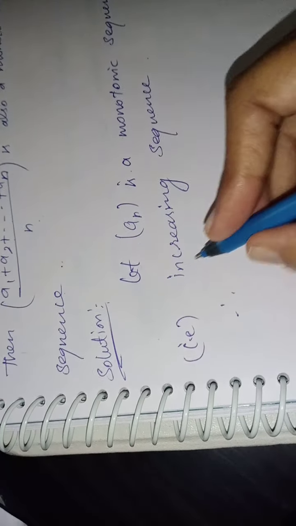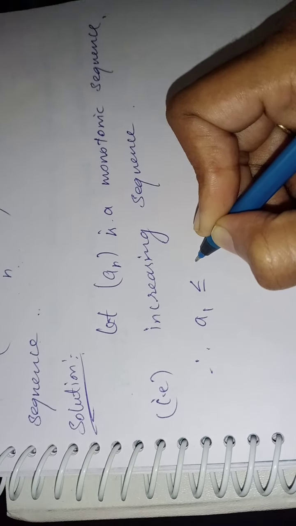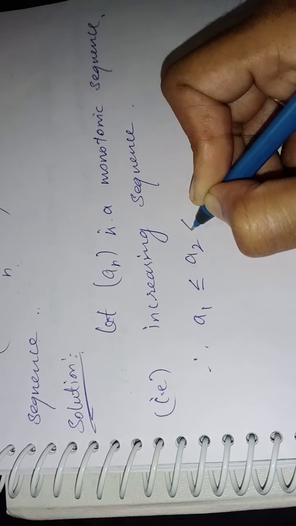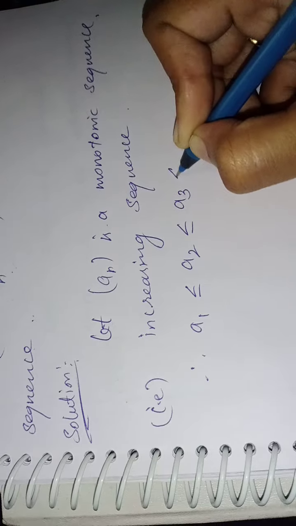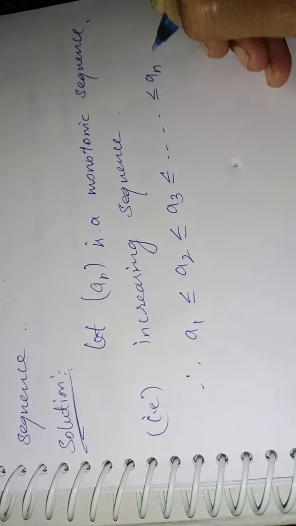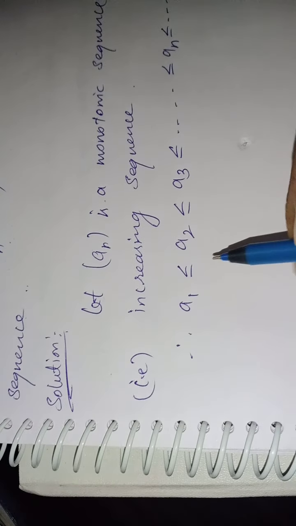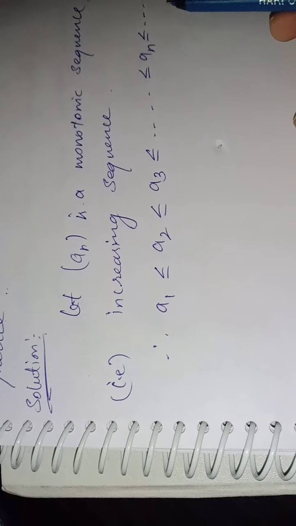Therefore, the condition for the increasing sequence is a1 less than or equal to a2 less than or equal to a3 less than or equal to and so on, less than or equal to an less than or equal to, and so on, because this is the condition for the increasing sequence.